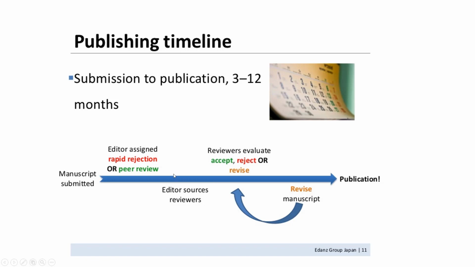Peer review can take a number of months, and the reviewers will evaluate whether to accept, reject, or revise. In many cases, manuscripts have to be revised for the journal. And so you'll go back through this cycle of revising and having reviewers evaluate again before you publish.